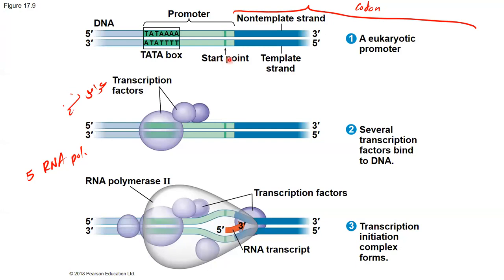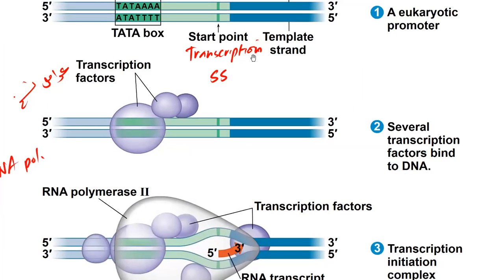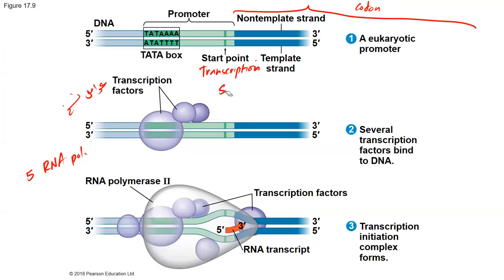This is called the transcription start point, or transcription start site. This is where the first nucleotide will be used as a template to add the first nucleotide on the RNA transcript.